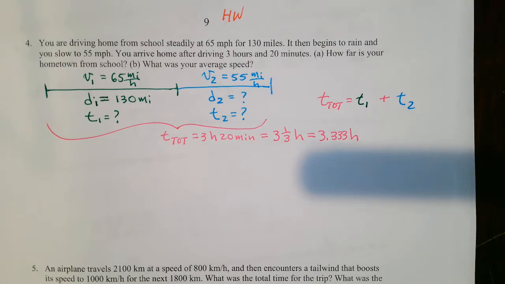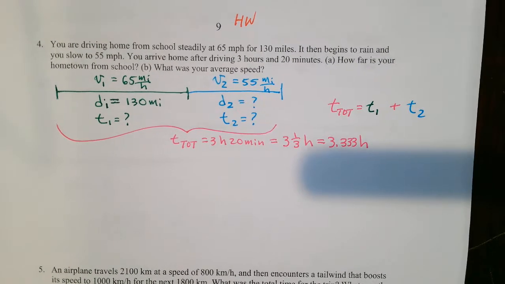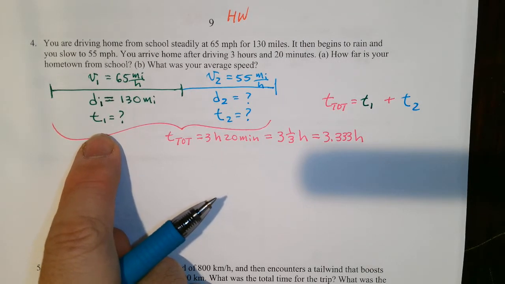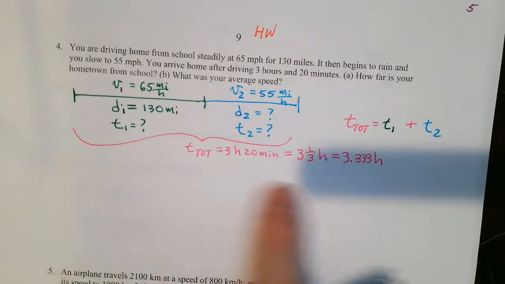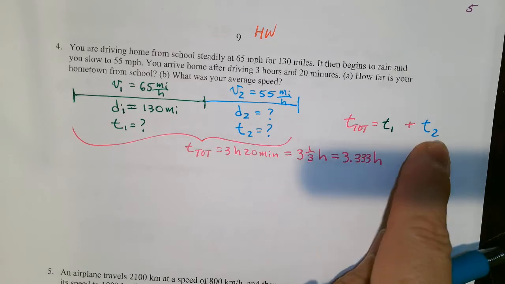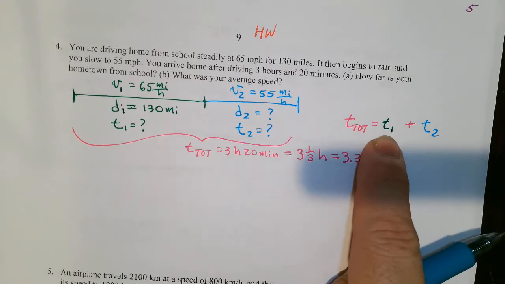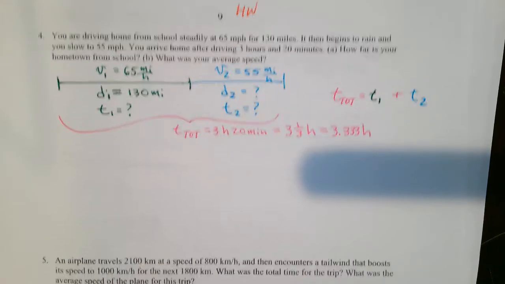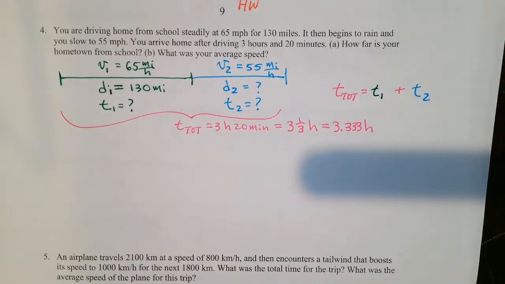Okay? So maybe we could solve for T1. And once we find T1, maybe we can find T2 because we know T total and T1, so we could definitely find T2. So maybe we should find T1 first.